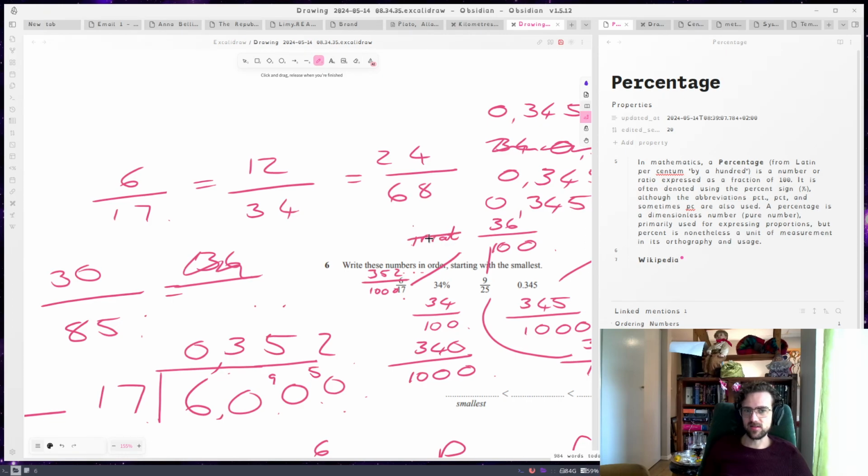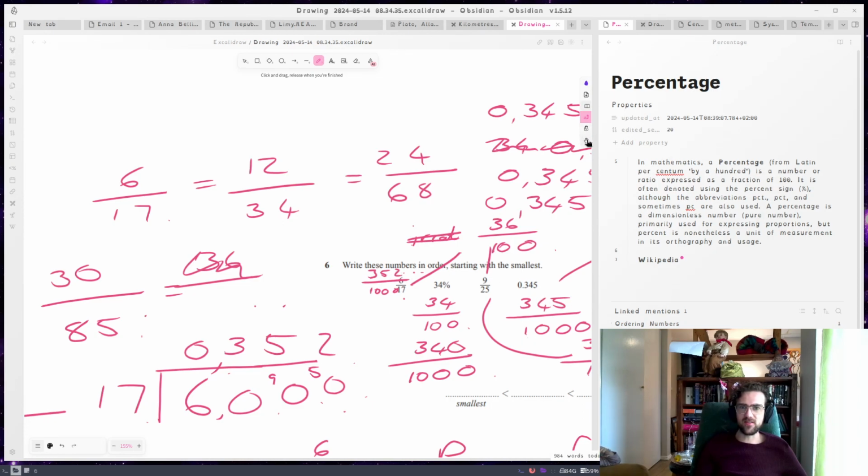It's actually a rational number, it can be written as a fraction. An irrational number can't be written as a fraction. Okay, so we've got 352 over 1,000. So that means that this is bigger than that one.